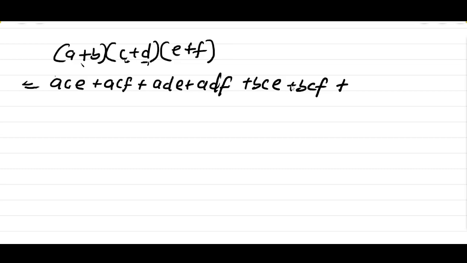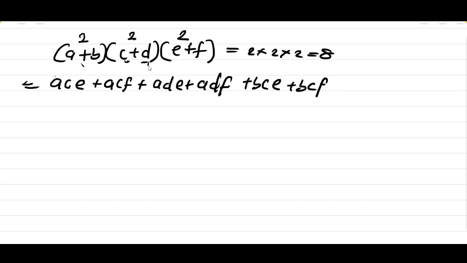If you want to know whether you are done, like I said before in the theory of distribution, here we are picking two terms from here, two terms from here, and two terms here. So we are going to get a total of 2 times 2 times 2, which is 8 terms. Let's see, 1, 2, 3, 4, 5, 6. So it remains 2 terms for us.